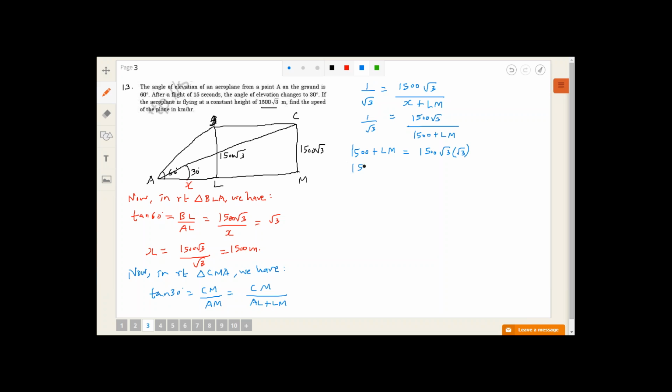So 1500 plus LM is equal to 1500 into 3, which is nothing but 4500, or LM is equal to 3000 meters.